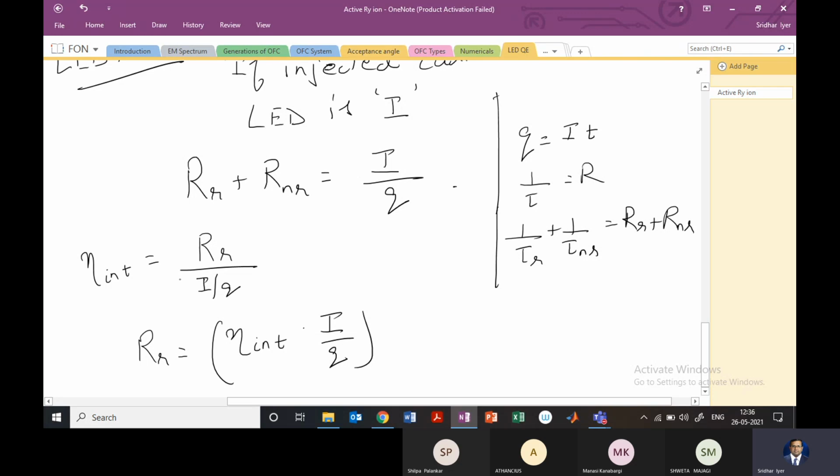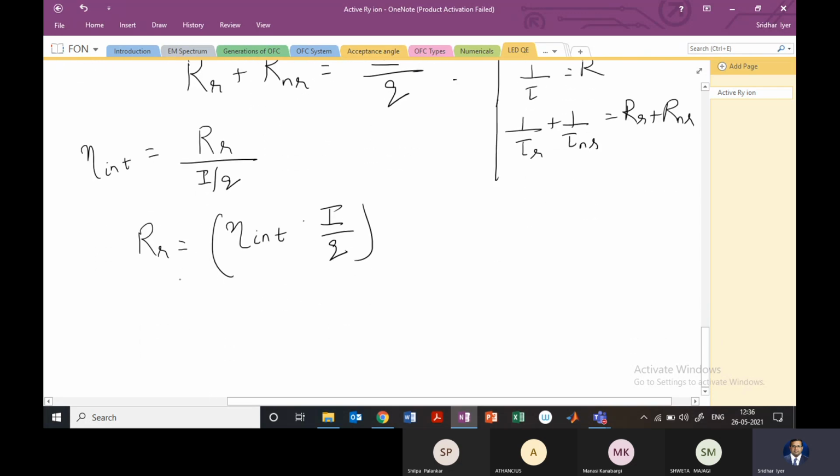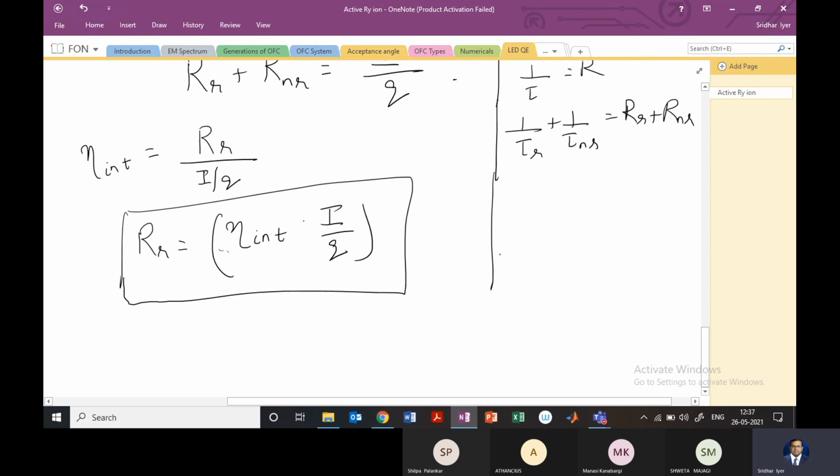Let me bracket this equation. This is also an important equation, but this is not the final result. Let's multiply both sides by hf or h nu. Here we'll be using E equal to h nu or E equal to hf interchangeably; they are one and the same.